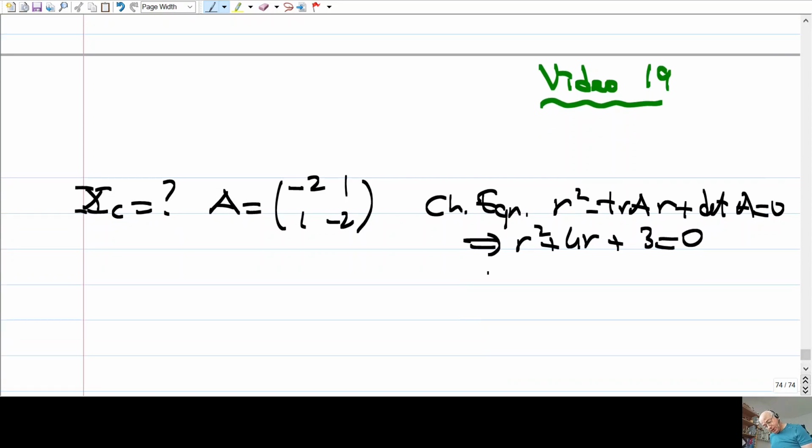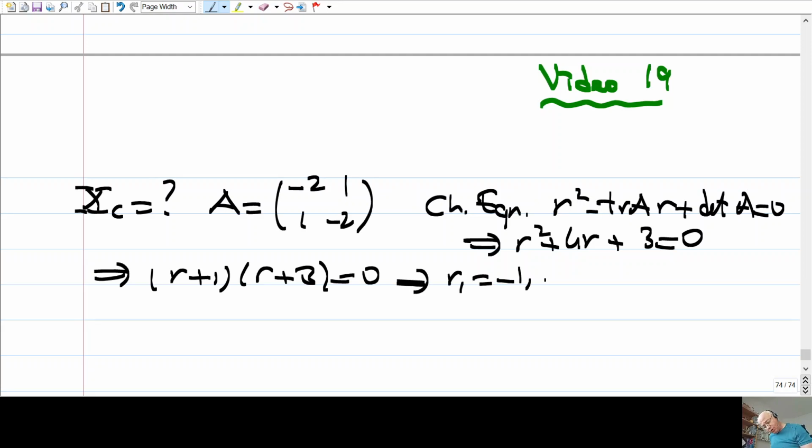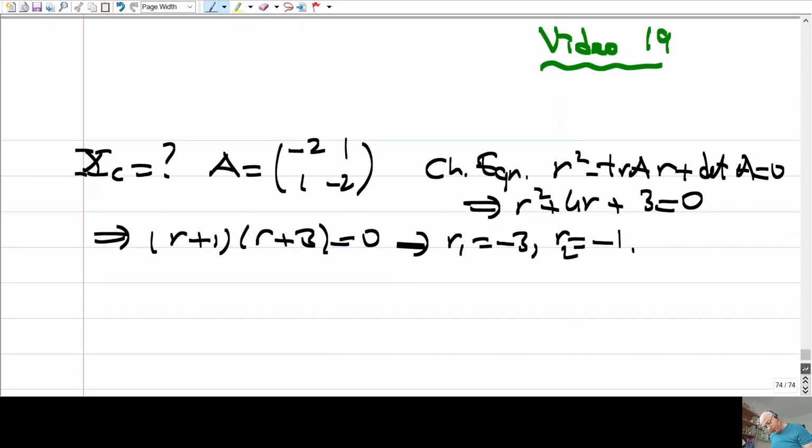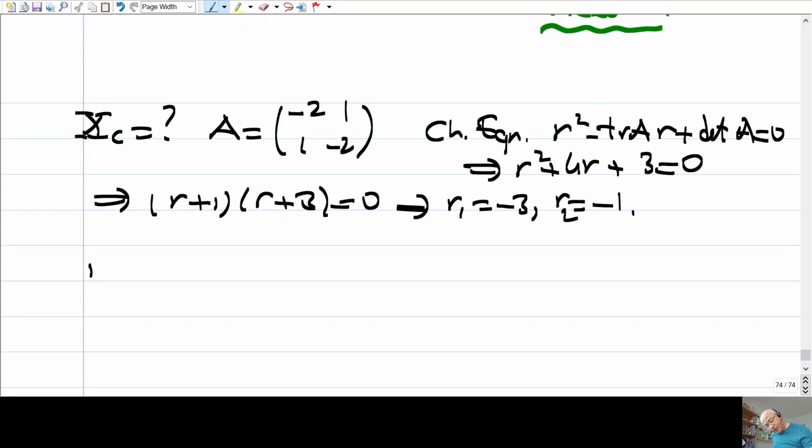From this we get (r+1)(r+3) = 0. So r is minus 1 or minus 3. Did I make a mistake? No, correct. Minus 3, minus 1.